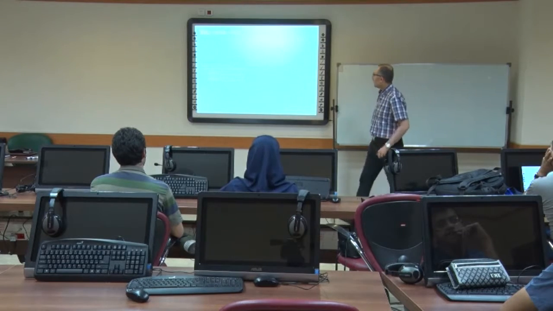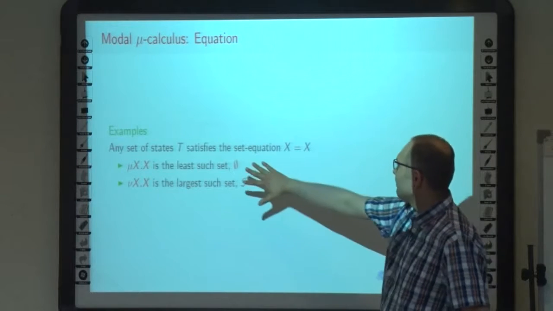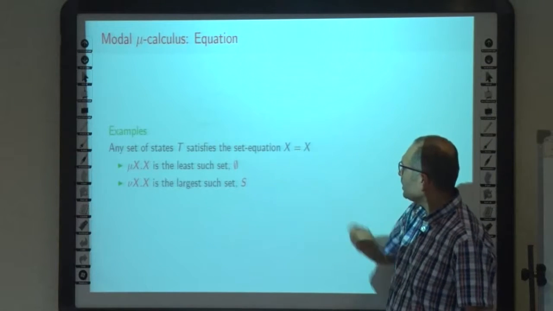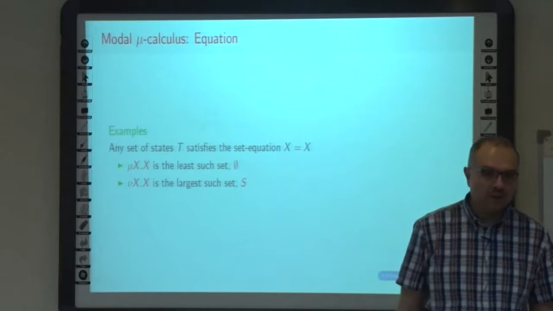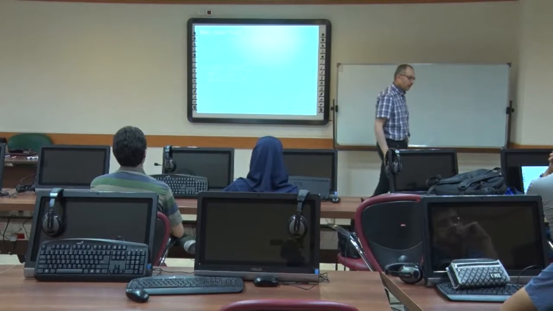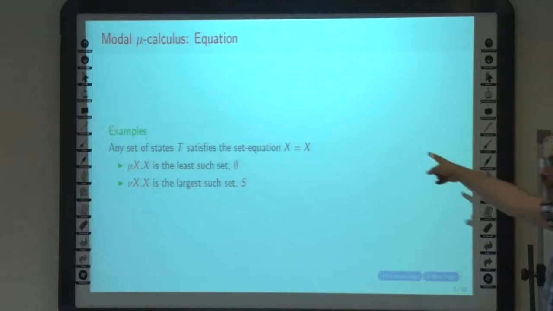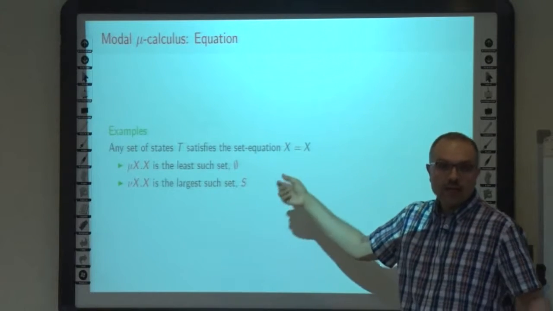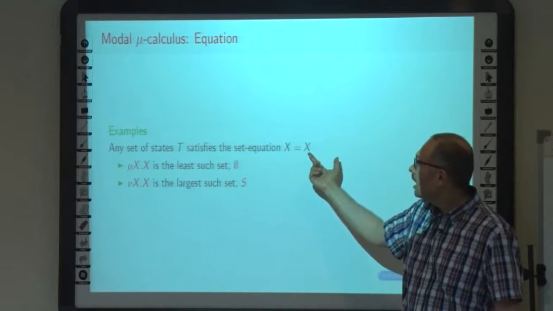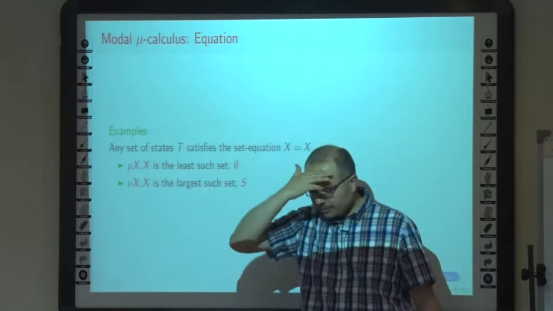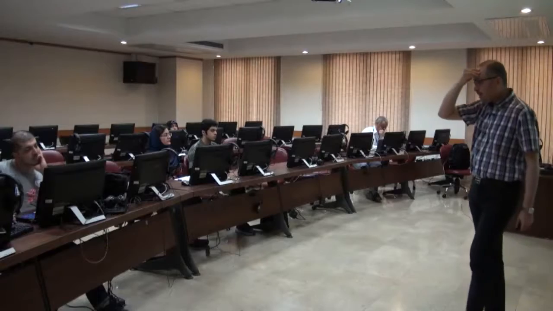Okay, so maybe I shouldn't have specified this, but if you have the equation x equals x, that's a valid equation, right? Then it has infinitely many solutions. Any set of states satisfies x equals x. If you put x here, you get x back. So any set of states satisfies this equation. But in particular, if you're seeking the minimal fixed point, it's trivially the empty set of states.